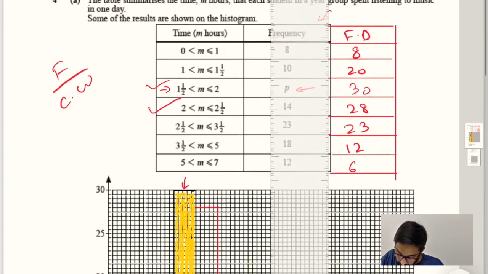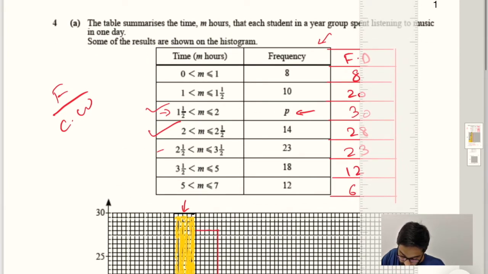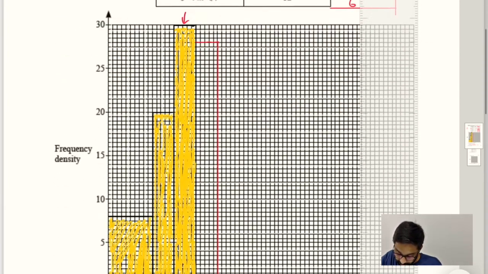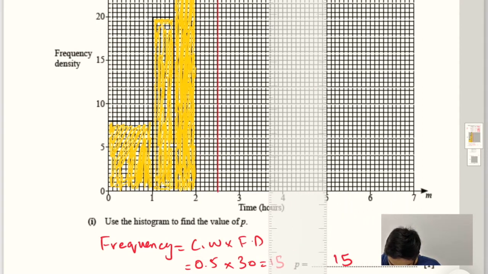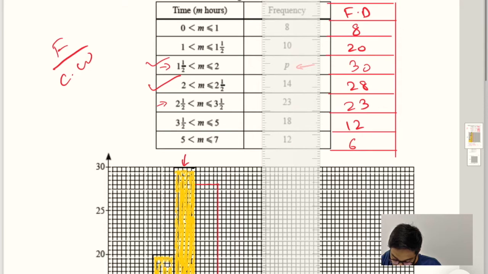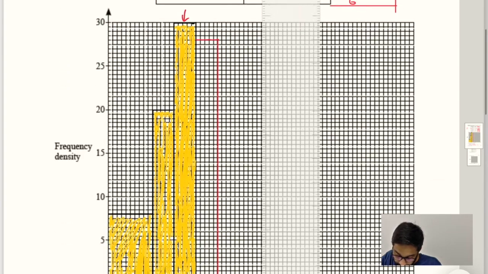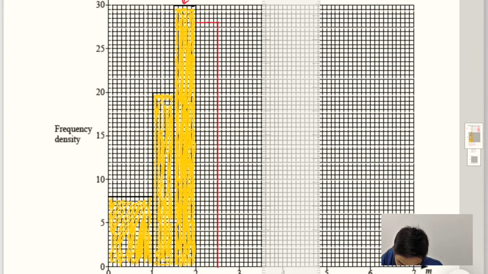Okay, now we do it for this part. 2.5 to 3.5. That means it is going to be right there. And the frequency density is 23. So 20, 21, 22, 23.